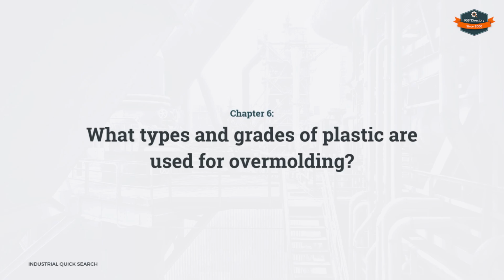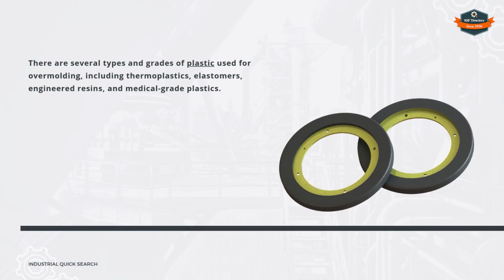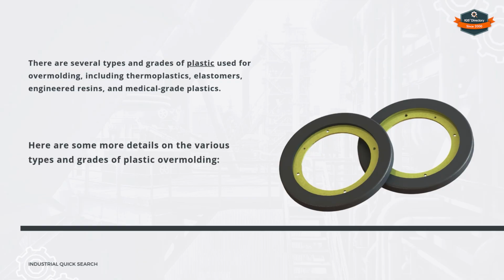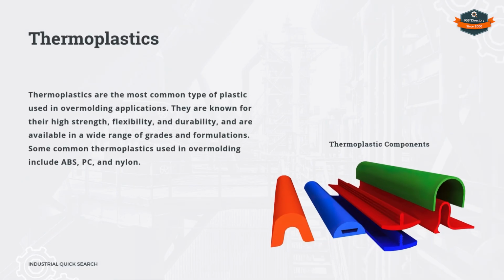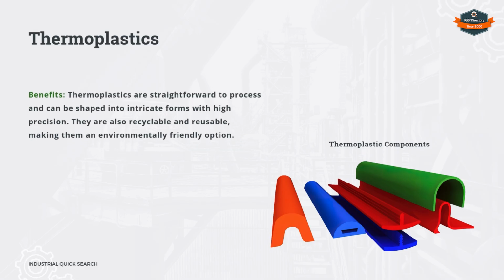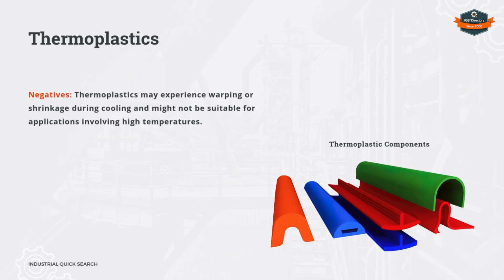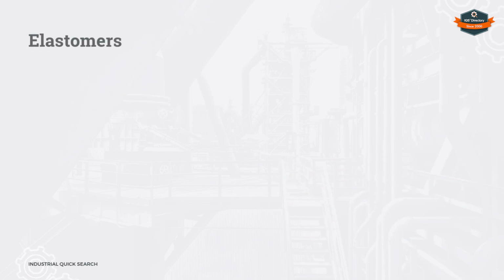Chapter 6. What types and grades of plastic are used for overmolding? Here are some more details on the various types and grades of plastic overmolding. Thermoplastics. Elastomers.